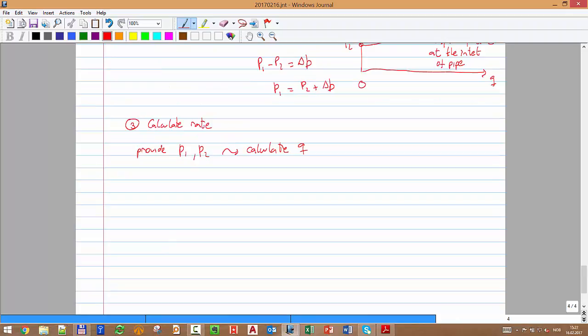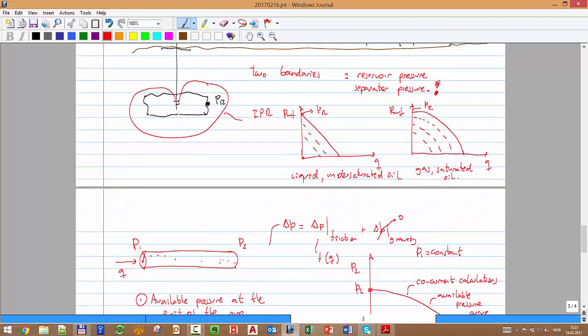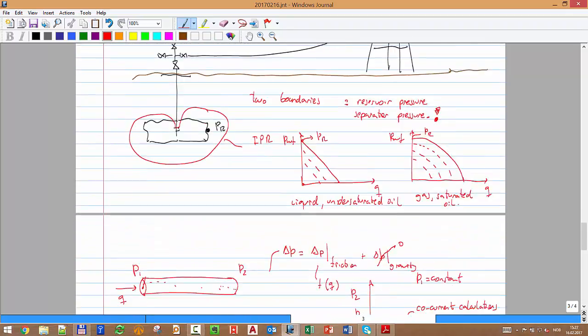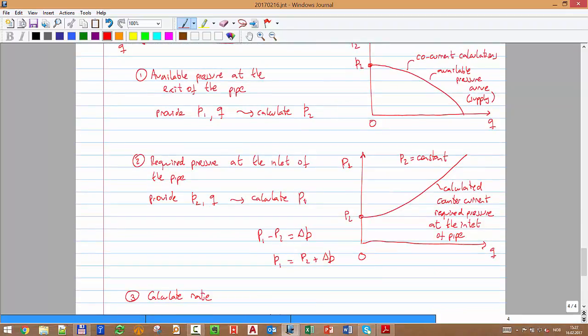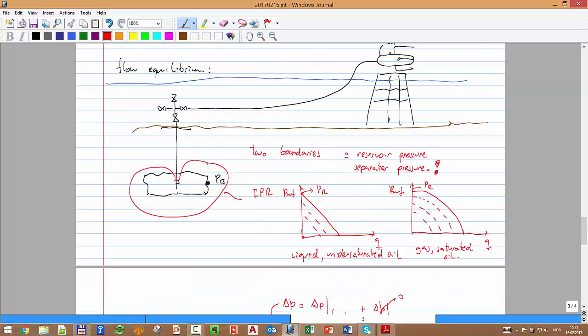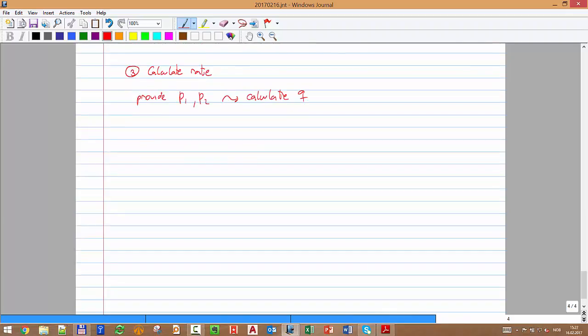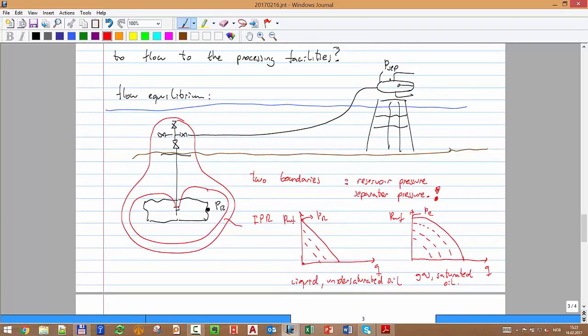Okay, now we have these two, and I have been talking here about a piece of pipe. But I can really use these two curves, the available and the required, to characterize some more complex part of the system. For example, let's take a look at this part. So how are we going to characterize that part?